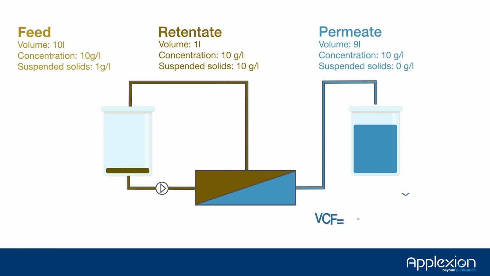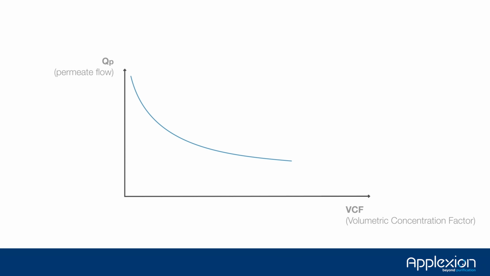To achieve a VCF of 10, the retentate volume must be divided by 10 compared to the feed volume. This means that 9 volumes must pass through the permeate while 1 volume stays in the retentate, resulting in a yield of 90%. During filtration, the concentration of suspended solids or biomass in the retentate increases as a function of time.